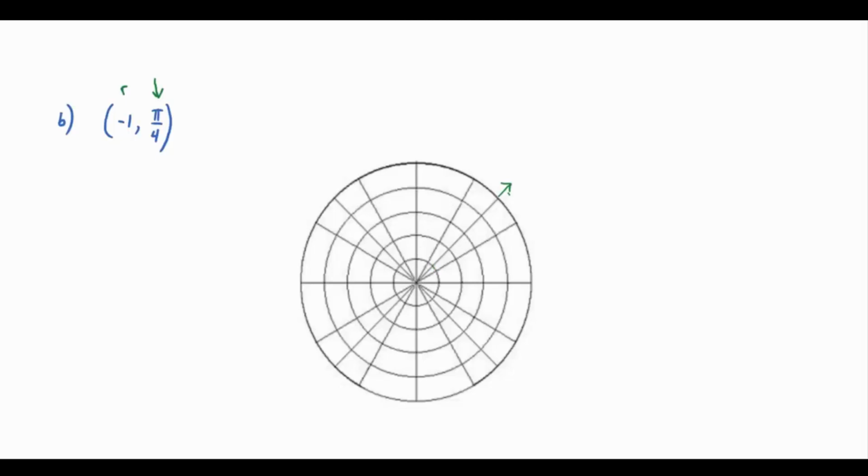Instead of going out in this direction, go the other way, and here it is. So negative 1 comma pi fourths would be here. So you look in the direction of an angle of pi fourths in the first quadrant, and you go the opposite direction, a distance of 1, opposite direction. Does that make sense to you? So that's a little weird.